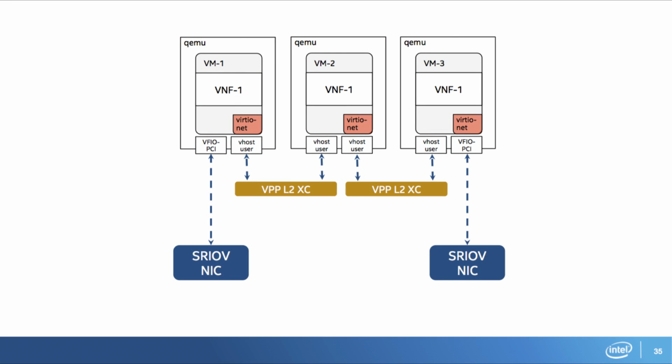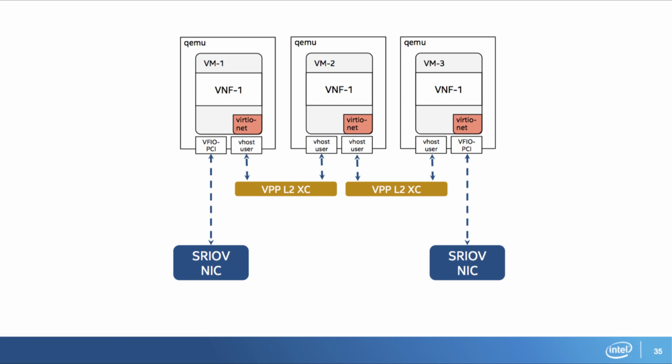Now, a slightly faster way to do the packet processing would be to have the first VM use SRIOV instead of a vhost user. So the packets are routed to the VM directly from the hardware.